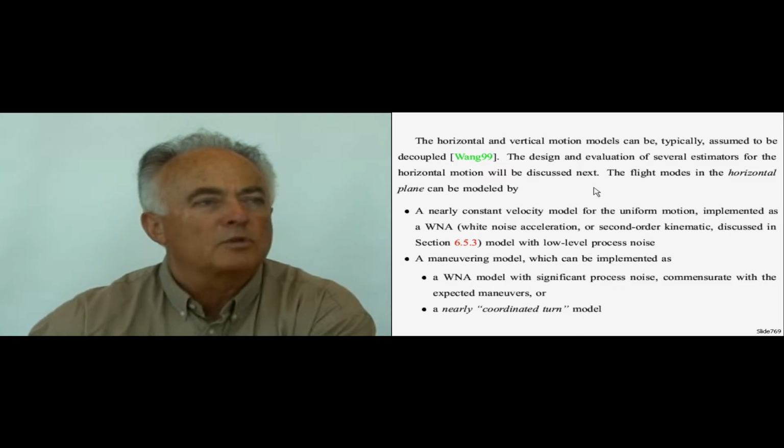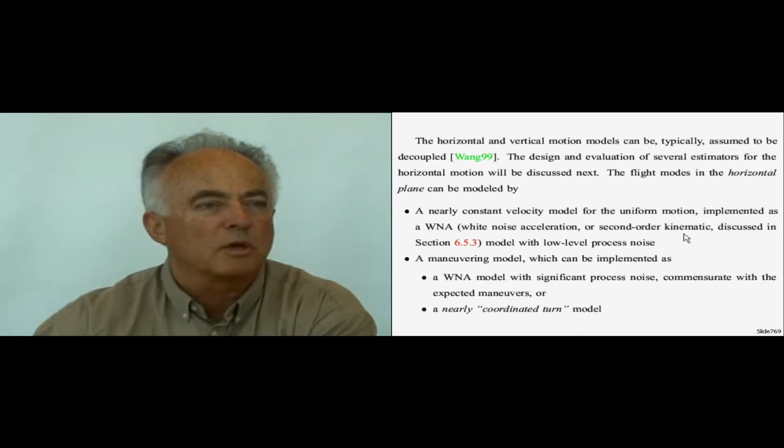The flight modes in the horizontal plane will be modeled as follows: a nearly constant velocity model for the uniform motion. Mathematically, this will be a white noise acceleration or second-order kinematic model, as discussed in 653, with a low-level process noise, and the maneuvering model.